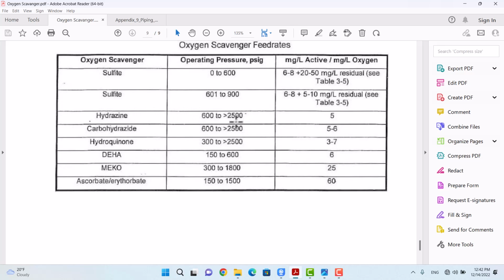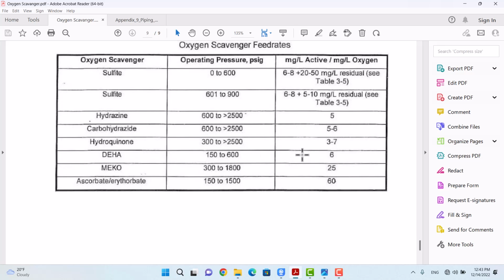The operating pressure is between 600 psi to 2500 psi. Then we have carbohydrazide with the same operating pressure. Then we have hydroquinone. The operating pressure starts from 300 to 2500 psi. Then we have DEHA with this operating pressure and MECO with this operating pressure.